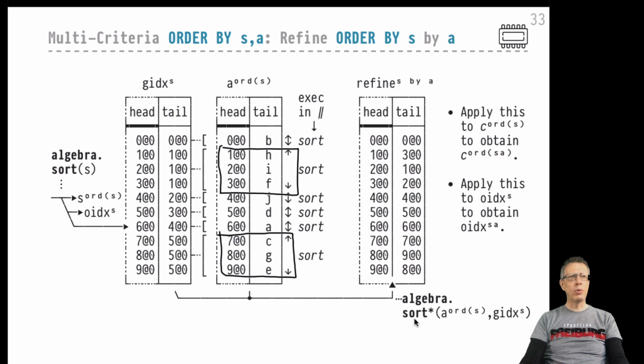And the outcome of this algebra.sort star is, of course, a variant of an order index, as is expected as the output of an algebra.sort operation. It's an order index that has been refined. All right.